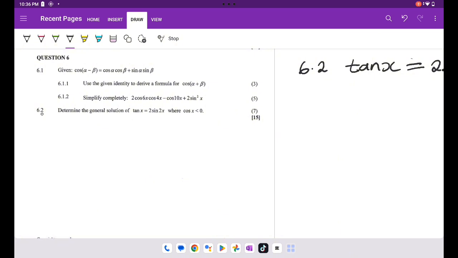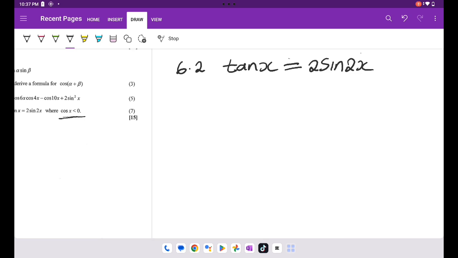6.2. Determine the general solution of tan x equals 2 sine 2x, where cos x is less than 0 rather. So meaning cos x is negative. Okay, so we can write tangent x as sine x over cos x.